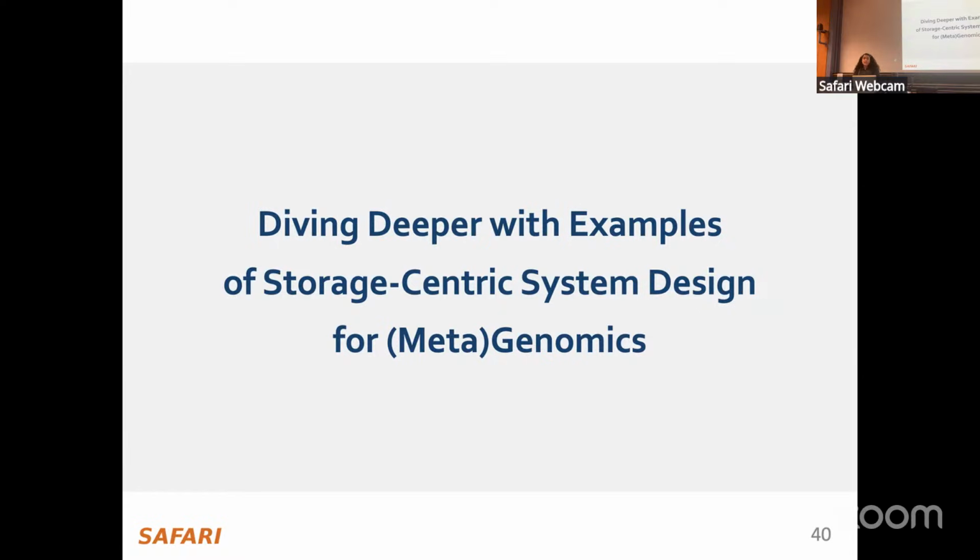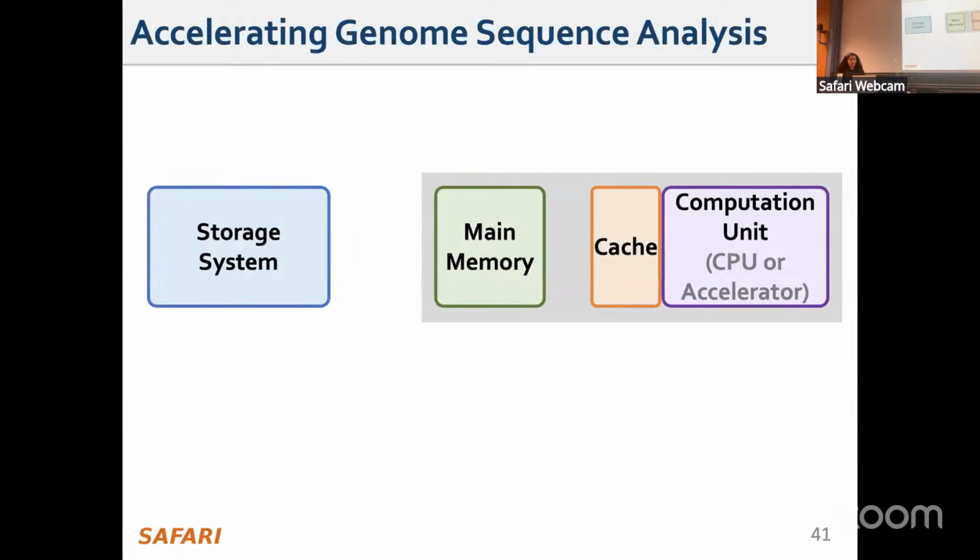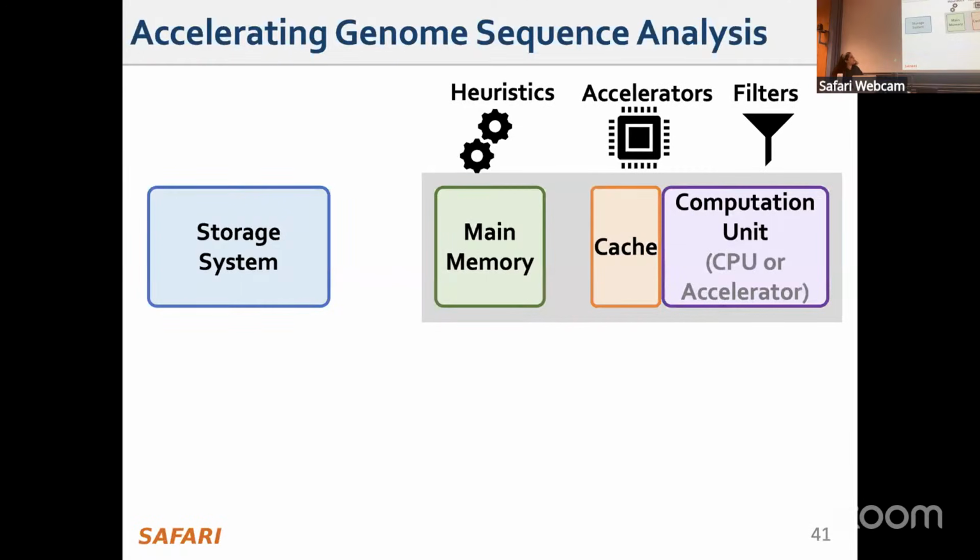For the rest of this lecture, I want to dive a bit deeper with some examples. I am going to pick examples of storage-centric system design for genomics and metagenomics for two reasons. One is this: we looked at this system diagram in the previous slide. We have a lot of heuristics, accelerators, and filters that try to alleviate computation overhead.